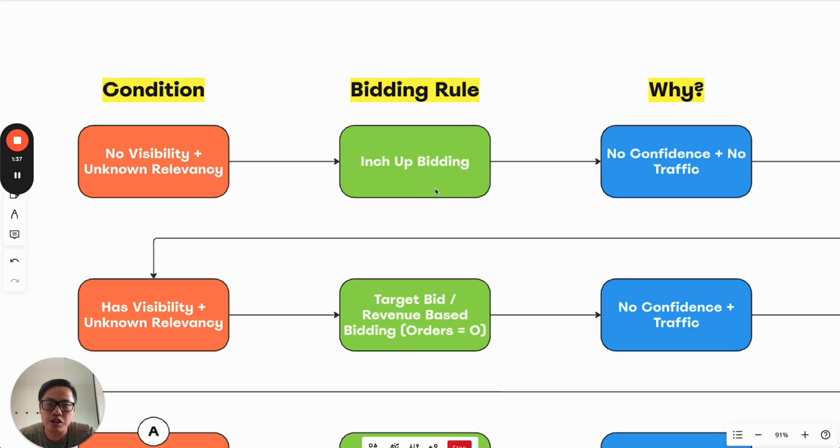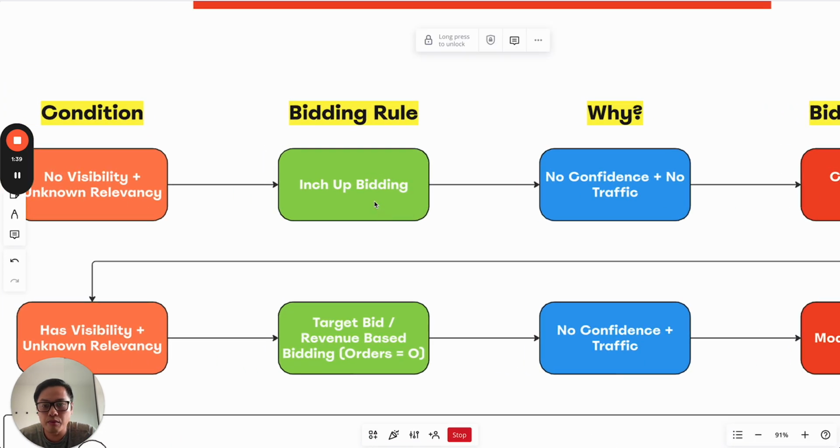So the bidding rule that I will try to implement is called inch up bidding. Generally the concept there is you want to start at a low bid and you bring it up slowly in order to reach the bottom of when you would receive impressions or clicks. Because you can get traffic paying $1.50, but you can also get traffic paying 50 cents.